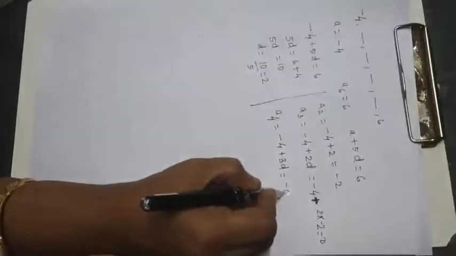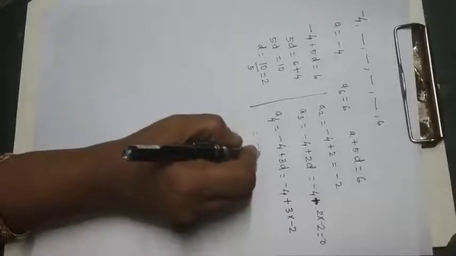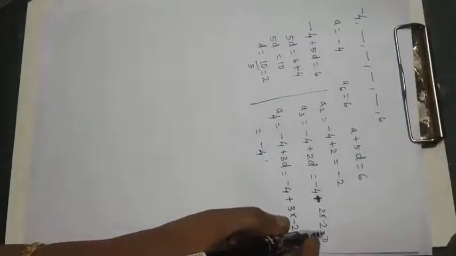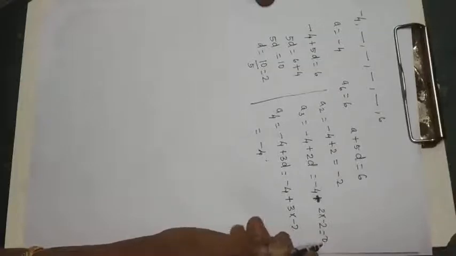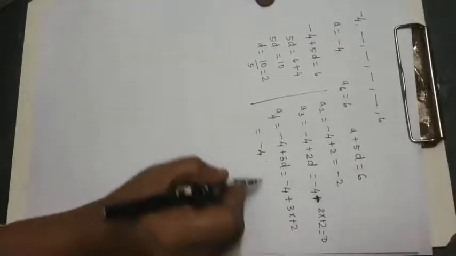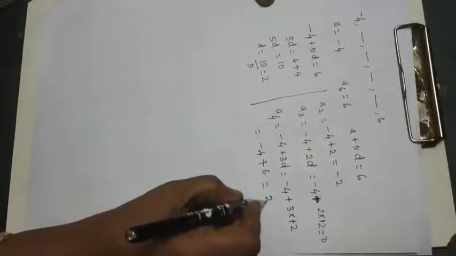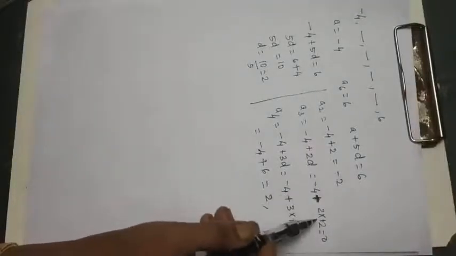Then A4: negative 4 plus 3D, so negative 4 plus 3 into negative 2, sorry, here it will be negative 4 plus 6, that is equal to 2, positive 2. The D value is positive 2.